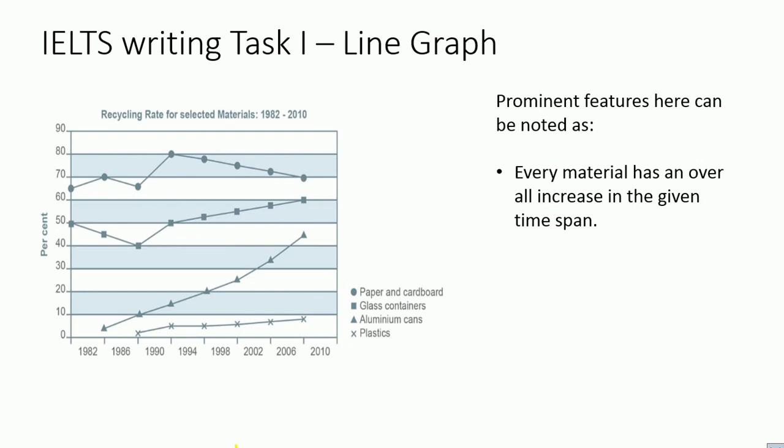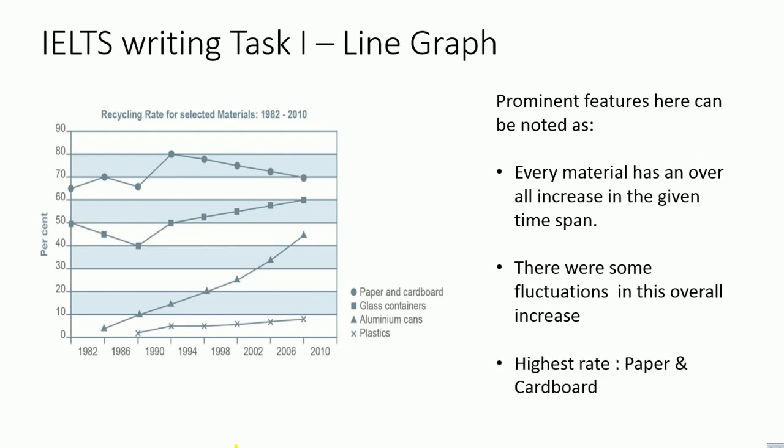So there has been an overall increase, and for the other materials it is very much clear that there has been an increase in that given time span. The next observation is there were some fluctuations in this overall increase. It was not a clear increase, and there was some fluctuation.